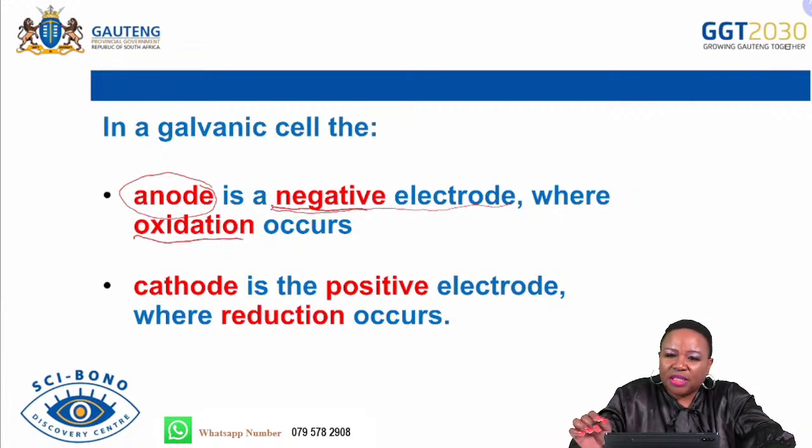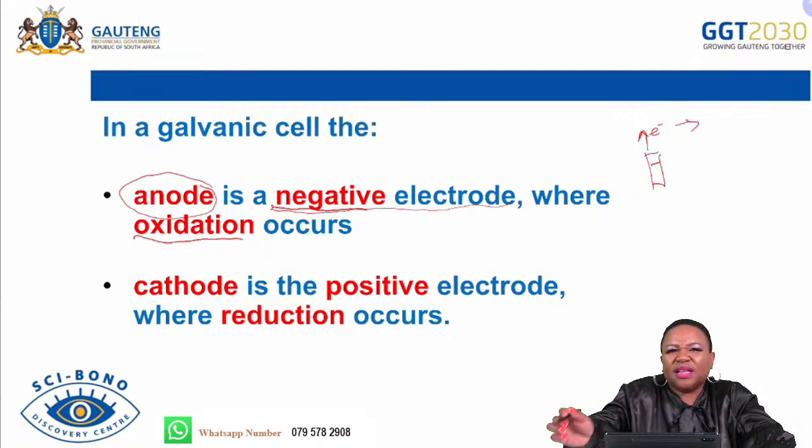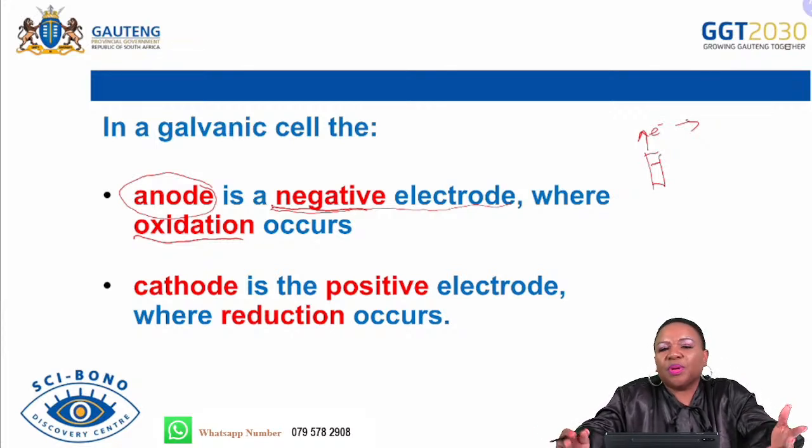And think about it. If we have an electrode and we see that electrons are moving away from that electrode, you can immediately think about electrons being repelled by that electrode. And when you say the electrons are being repelled, you can conclude that they can only be repelled if that specific electrode is negatively charged.